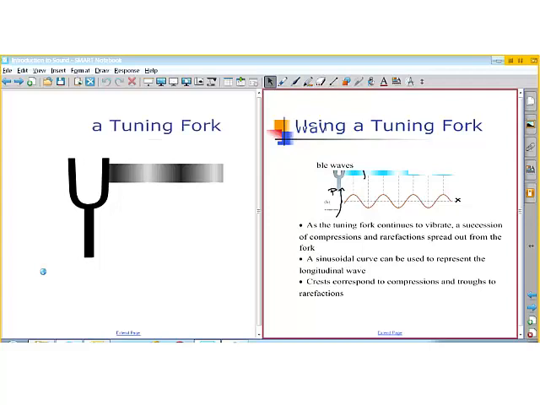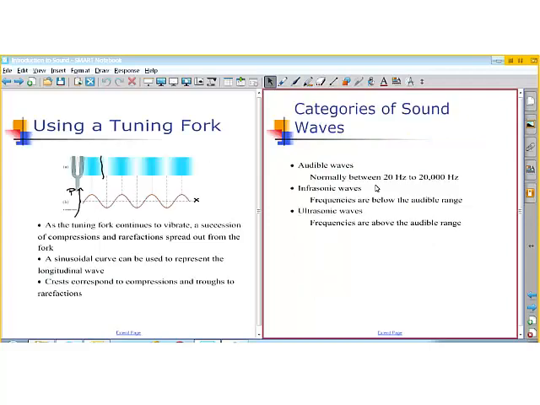Normally sound waves that we can hear are in the range of 20 hertz to 20,000 hertz. As you get older, you're able to hear less of the higher frequency sounds. There are also sound waves that we can't hear, infrasonic waves. Those are below 20 hertz. You can have sound waves transmitted through the earth, or whales, things like that.